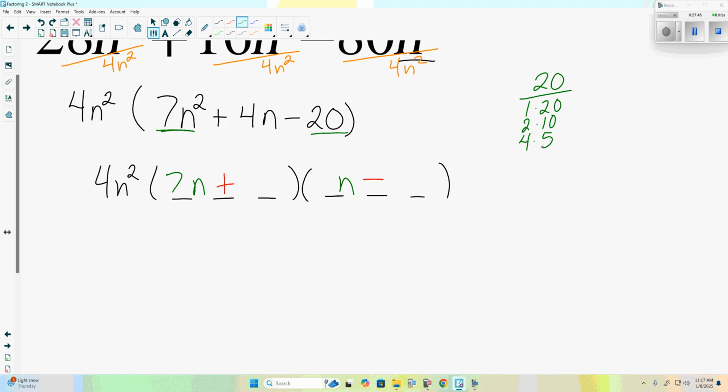Now the middle term, would we say it's a smaller or bigger number? Smaller number, so I would lean more towards our smaller factors first, because I have a feeling 1 and 20 is probably not going to be it. So we can either start with 4 and 5 or 2 and 10.